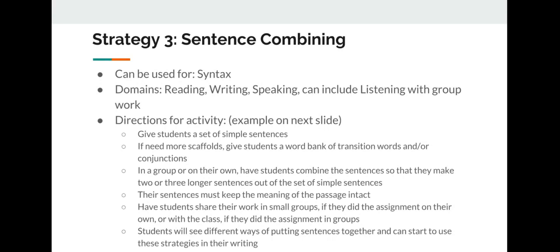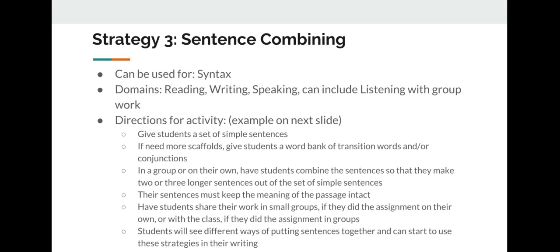So when they're creating the more compound and complex sentences, their sentences must keep the meaning of the passage intact, which I really like because I think that helps students read something and then put it in their own words, which I see every day that students have a really hard time with.